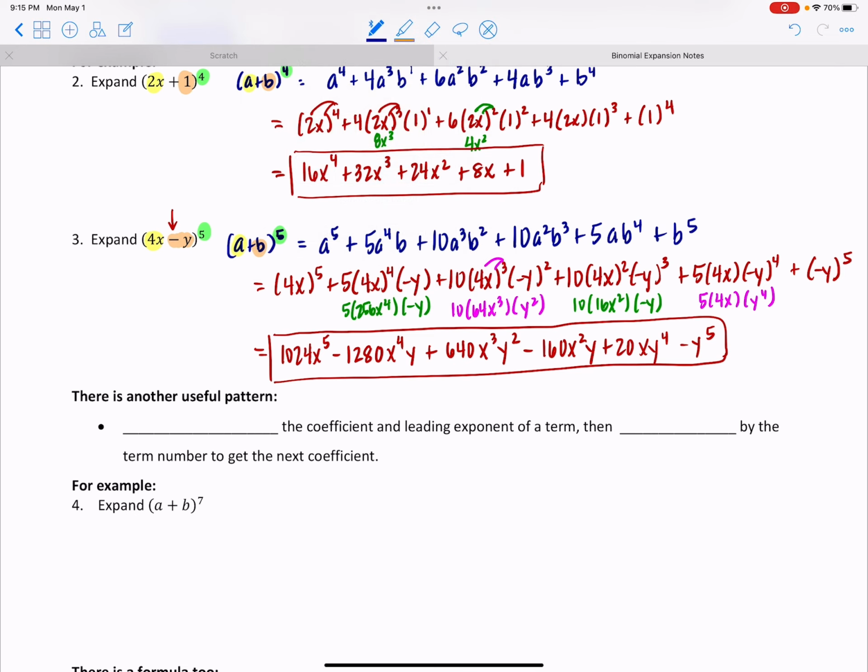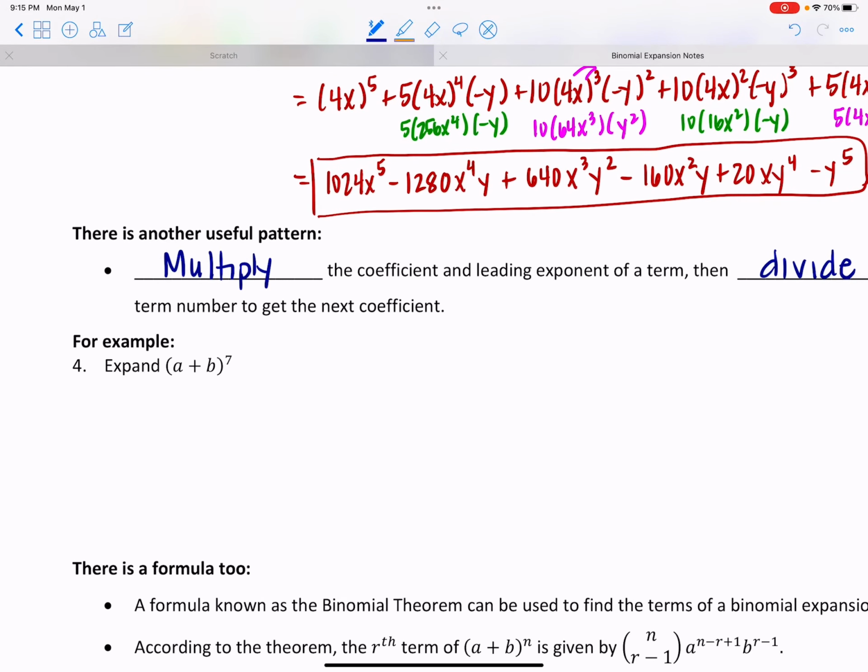And so there is, again, another useful pattern. If we multiply the coefficient and leading exponent of a term, and then divide that product by the term number that we are looking at, it will tell us what the next coefficient is going to be. So let's expand a plus b to the seventh, and I will try to show you how this works.